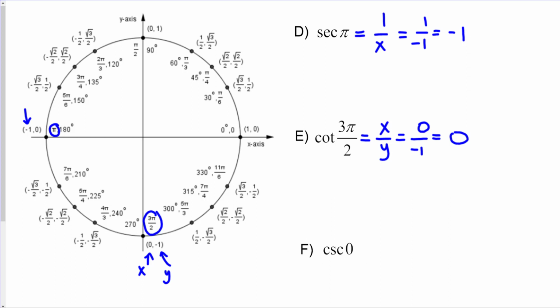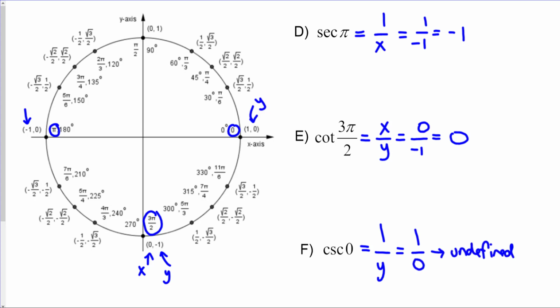F, cosecant of 0. So 0 is just a 0 degree angle measure, so I'm right here. Cosecant is defined as 1 over y because it's the inverse of sine, and sine is the y coordinate. So the y coordinate here is 0, which means I have 1 over 0 or undefined.